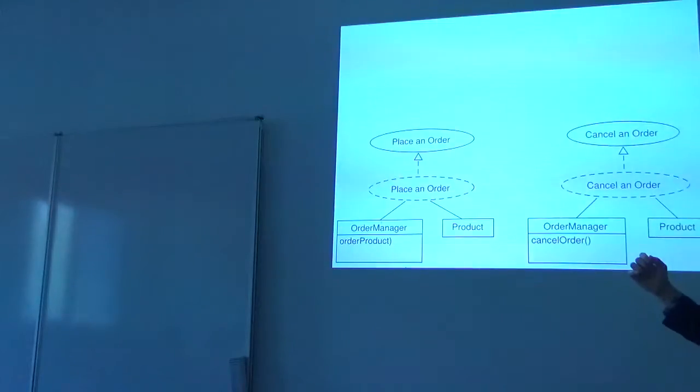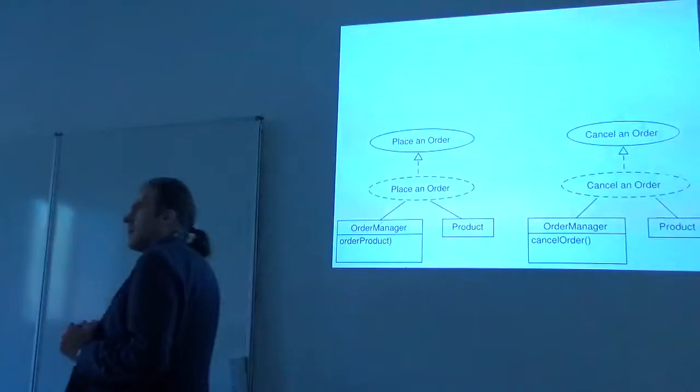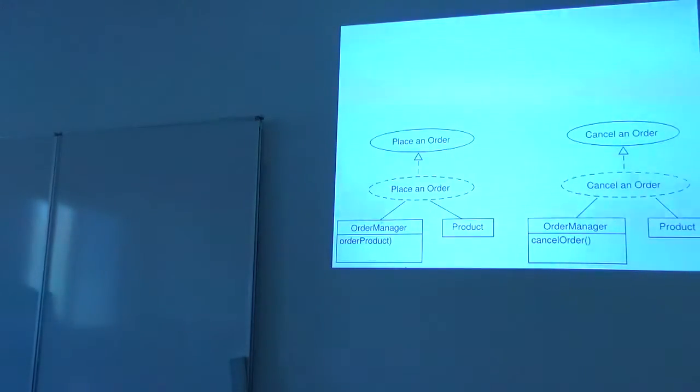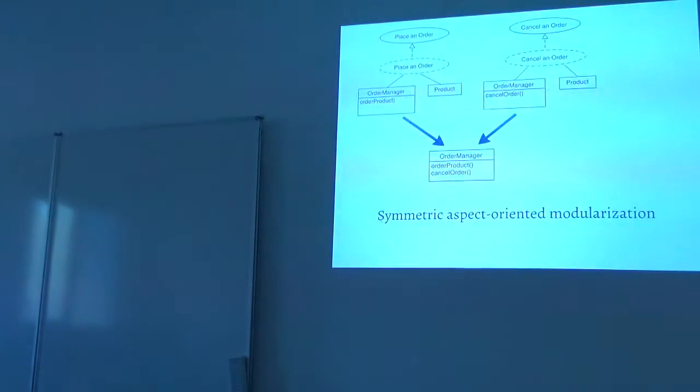and it seems as if from different perspectives. So in order to have a complete order manager, we would put these two together. Not exactly the kind of aspect-oriented programming you encounter in AspectJ, but a bit different way, a bit different strategy, yet we also perceive this as aspect-oriented modularization.